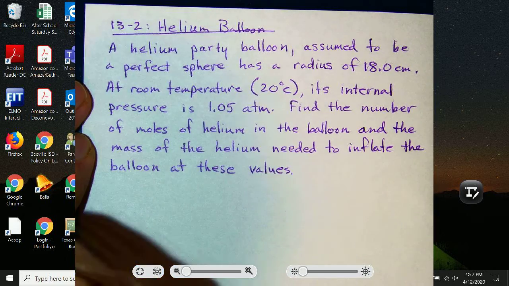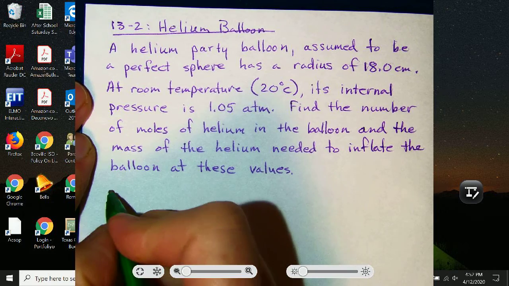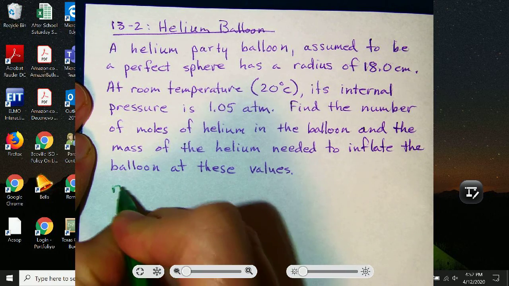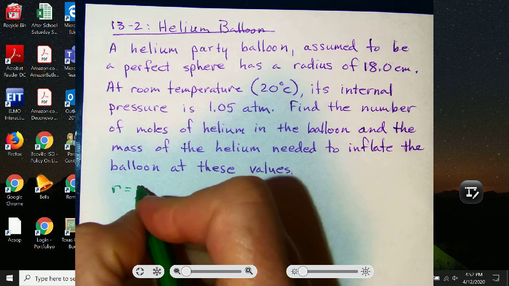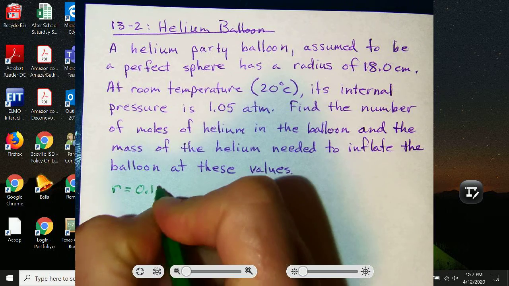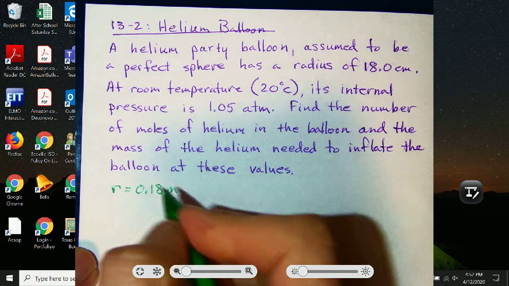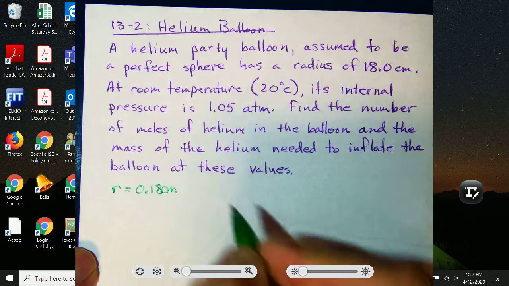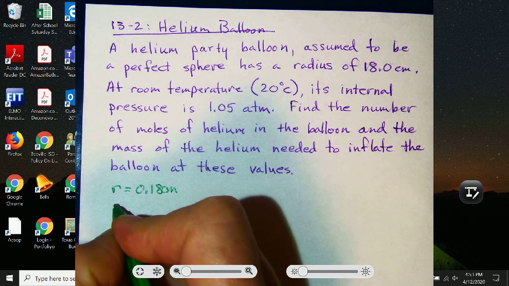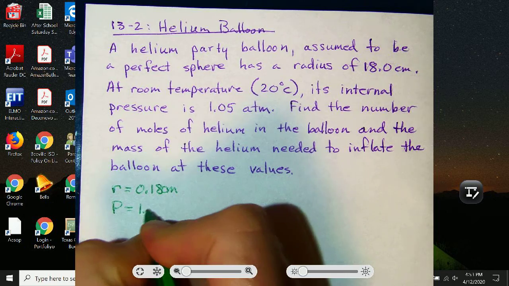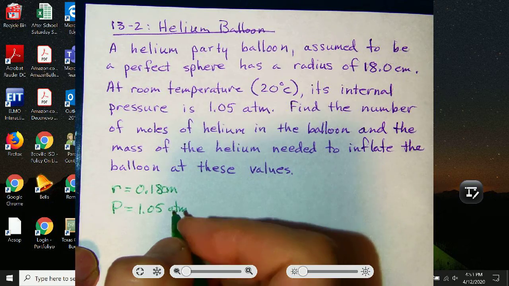All right, so let's start with our givens here. We have R, which is 18 centimeters or 0.18 meters. Okay, our pressure, 1.05 atmospheres.